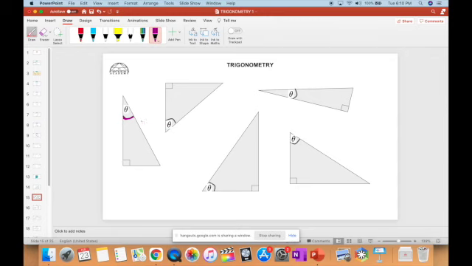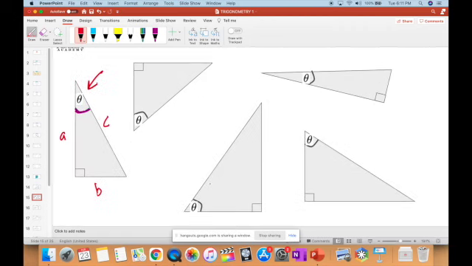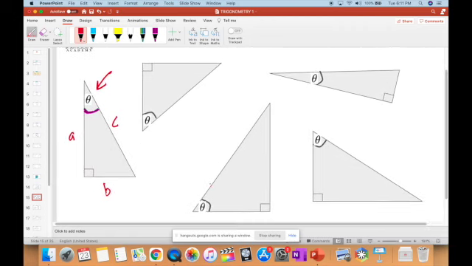Somebody just give me this side. Somebody tell me what is A, B, and C in relation to that angle. B would be opposite. No, but I like that you tried it.